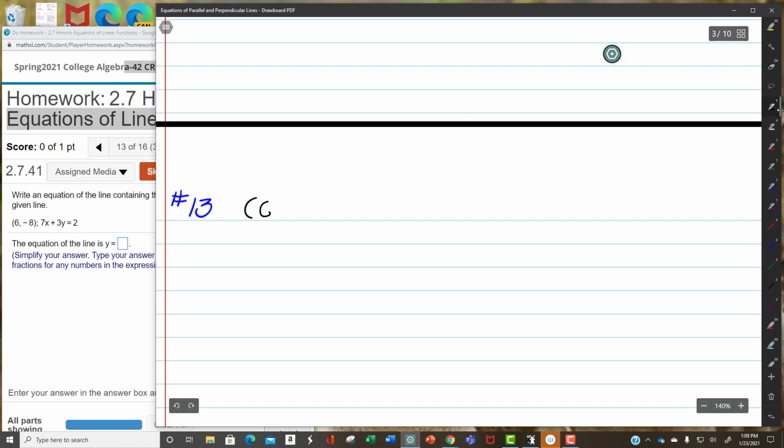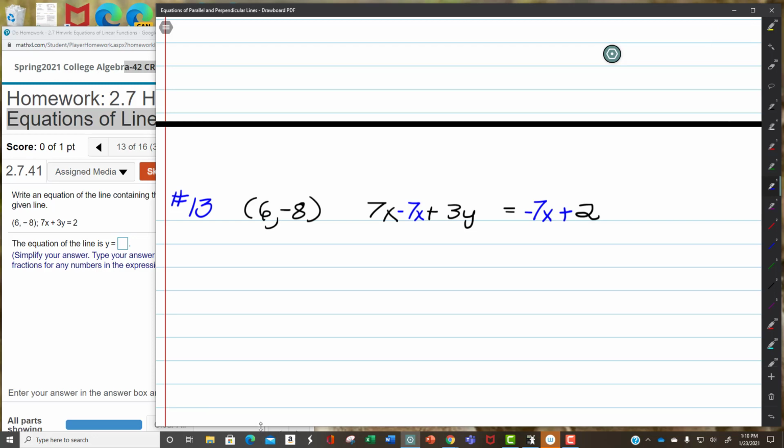We have the given point 6, negative 8, and the given equation 7x plus 3y equals 2. Notice I wrote it spread out so that I could do this. Minus 7x, minus 7x plus 2, because 2 is positive.